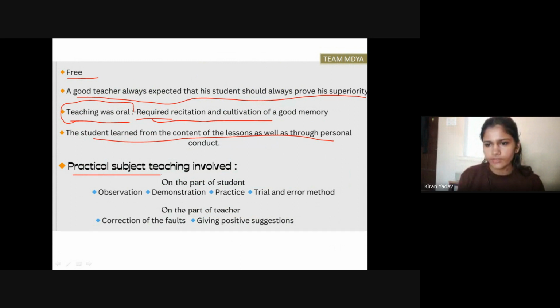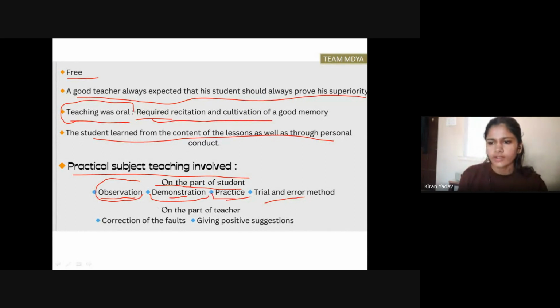Practical subjects teaching involved in ancient times. The practical subjects teaching involved, on the part of the student, observation, demonstration, practice, trial and error. So first the student will observe the teacher, then after that he will demonstrate, then after that he will practice it more and more.